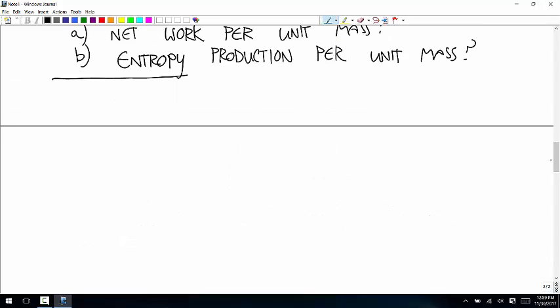Okay, well, the first law says change in internal energy is equal to Q minus W. It's insulated, so there's no heat transfer.